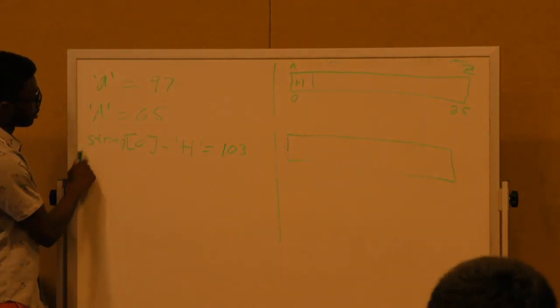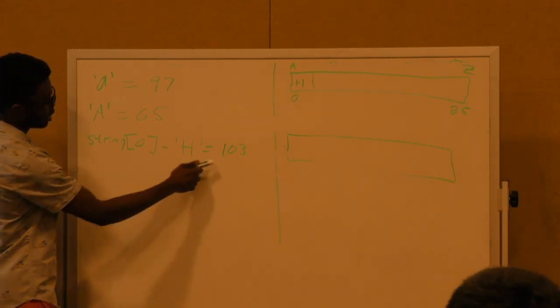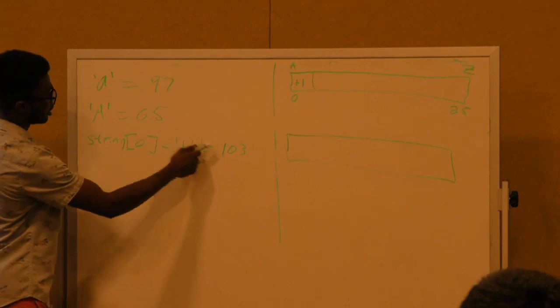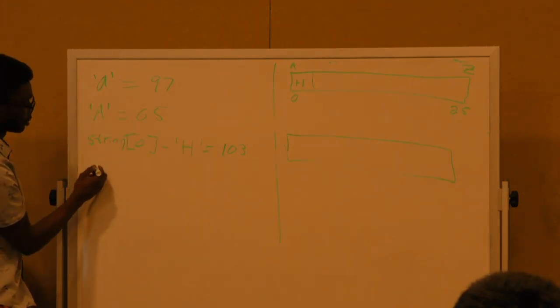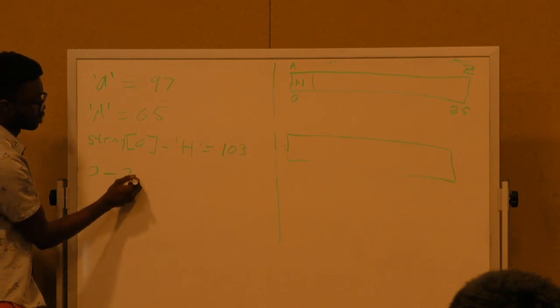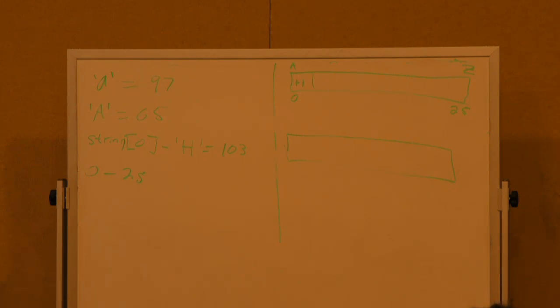So with what we know about characters and their values, we can take this 103, subtract from it the value of a, and we will get a value that's in between 0 and 25. So that's how we will know where in the array to put our value.